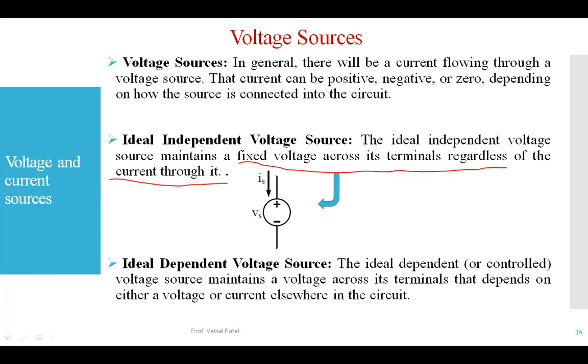That means if the current is changed, the value of the voltage is going to be maintained accordingly. So when you have this type of voltage source in the circuit, it is the controlled source, according to this symbol, and it will maintain the voltage across its terminal depending upon the voltage or current that changes in the circuit.